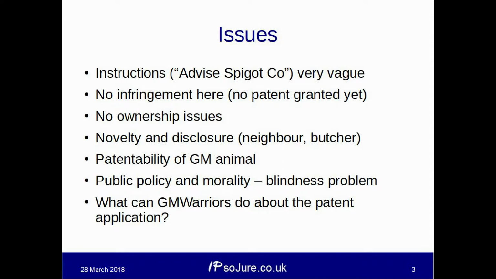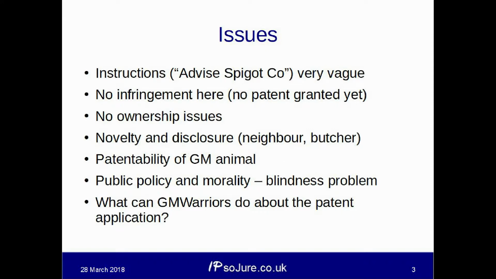So there are three issues which go to whether a patent can be granted. First of all, there's the question of novelty, and the facts make you wonder about novelty for two reasons. First of all, because the neighbour has rustled some of the sheep, and secondly because he sold them to the butcher. So both those individuals have seen the genetically modified sheep.